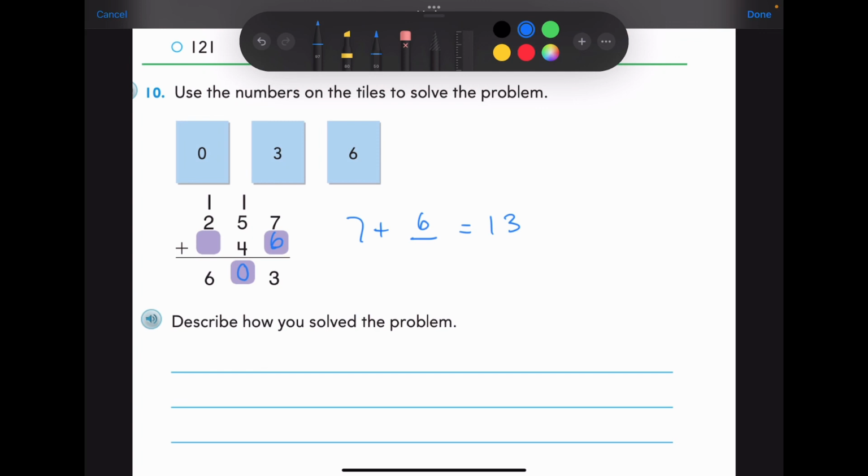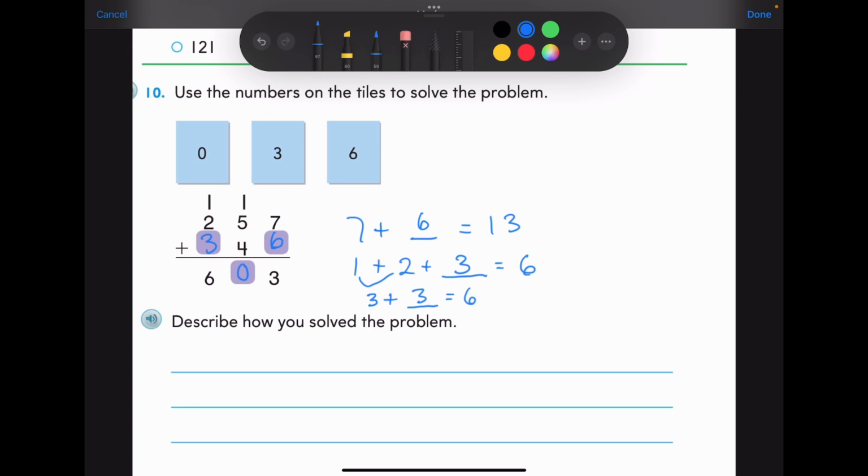And then in the hundreds, 1 plus 2 plus blank equals 6. Well, I know that this is 3. 3 plus what equals 6? I'm going to say 3 plus 3. So a 3 is going to have to go there. That's just the same thing as saying 3 plus 3.